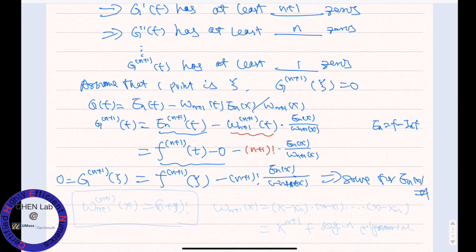The only thing that remains is how to conclude that the n plus 1 derivative is equal to n plus 1 factorial, right? I'm going to give you a clue here and leave that as an exercise. Once you see my clue, it should be very easy. So why is omega_{n+1}'s n plus 1 derivative at x equal to n plus 1 factorial?